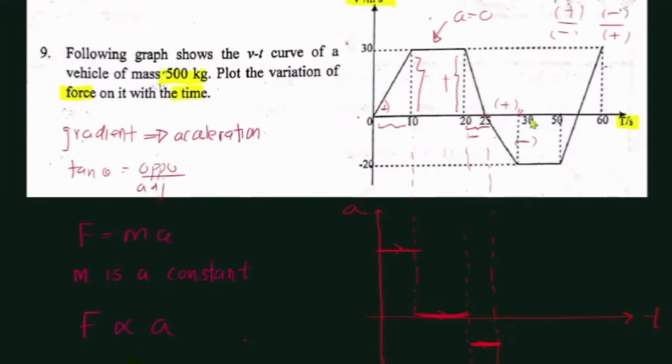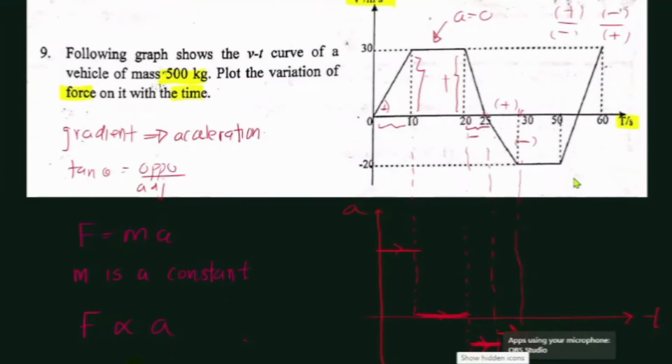So it's also a negative gradient, but the gradient is quite less. Therefore, let us mark it somewhere in this way.